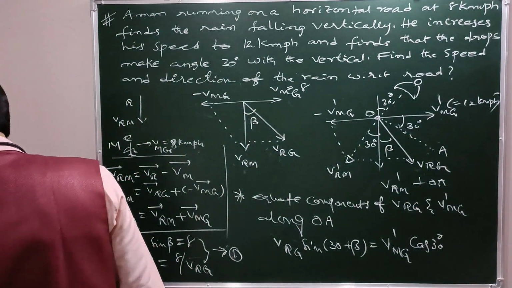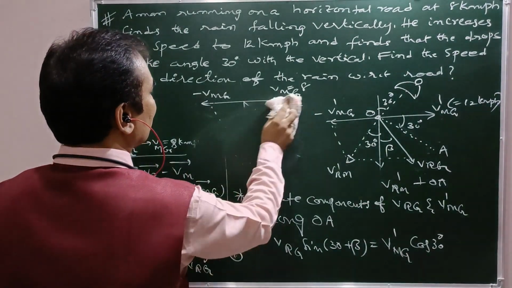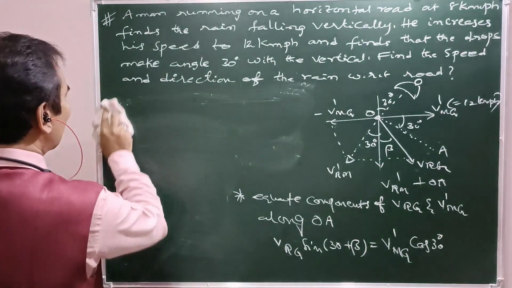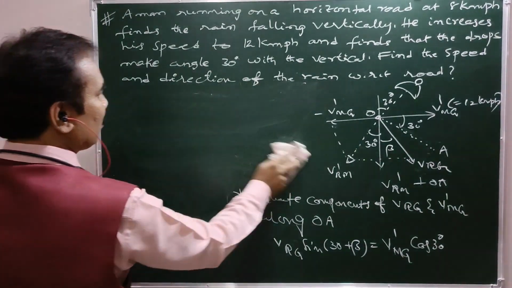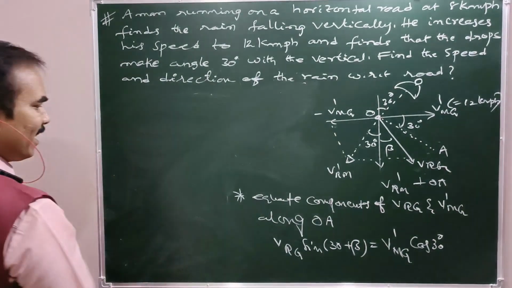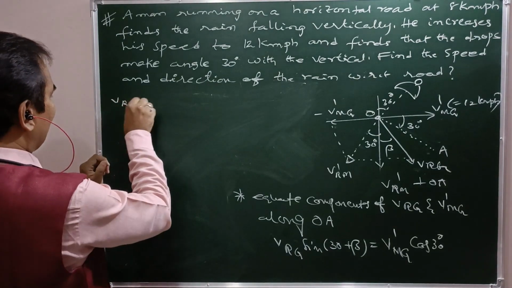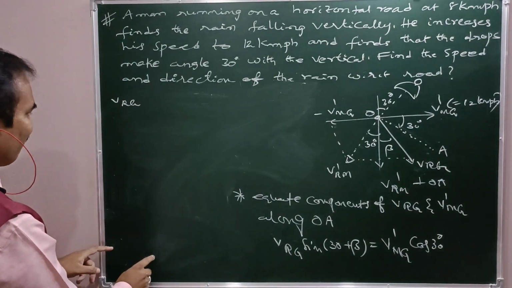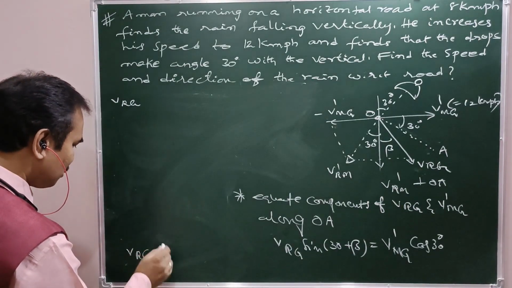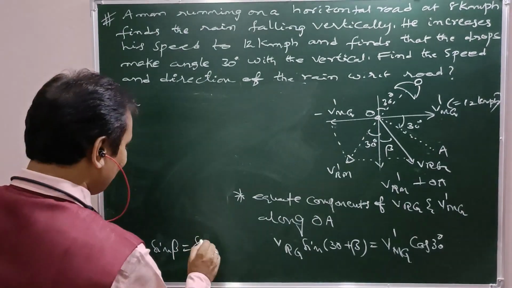Now I am rubbing off here to proceed further. In the first expression, VRG sin beta equal to 8. Am I right?